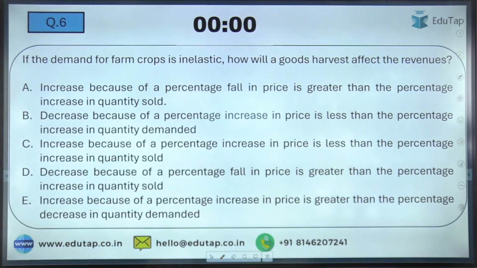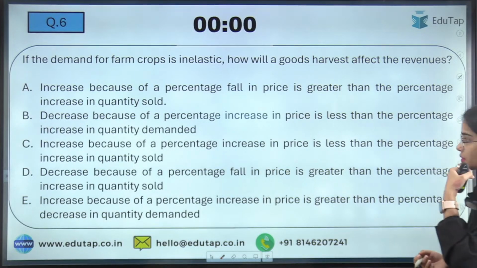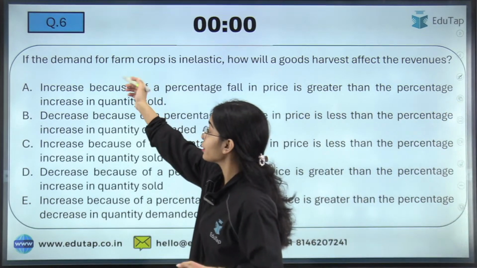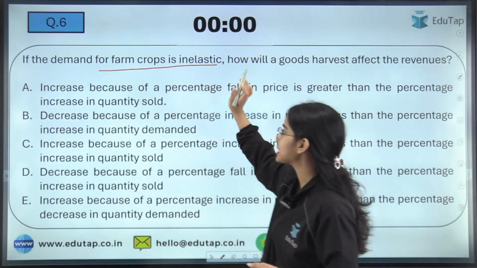Okay, I have started getting the answer. D. Okay. So what if the demand for farm crops is inelastic?